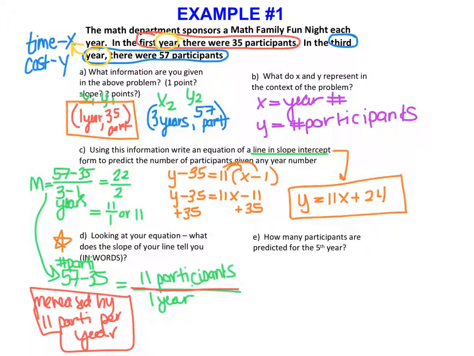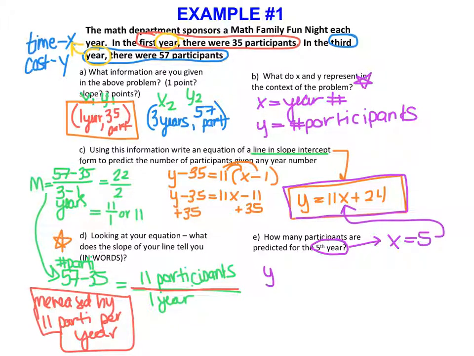Then finally, the last part here, we're going to use our equation in orange to predict how many participants will be present during the 5th year. Remember, the year up in B I denoted as x. So this is really saying x is equal to 5, and we're going to substitute it in here to predict how many participants y we will have in the 5th year.